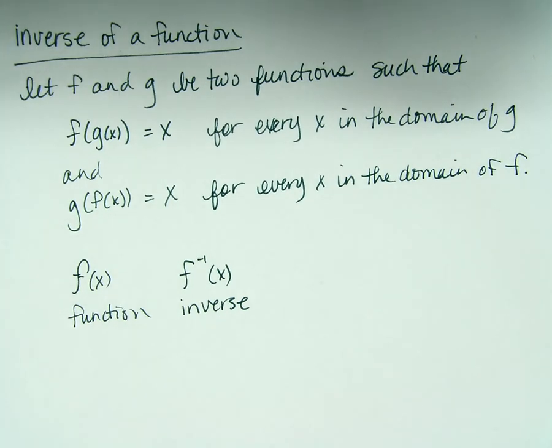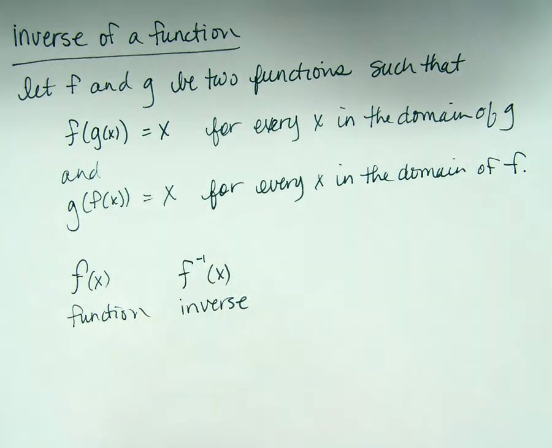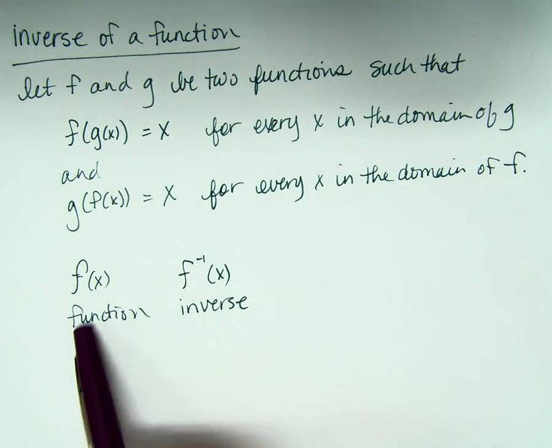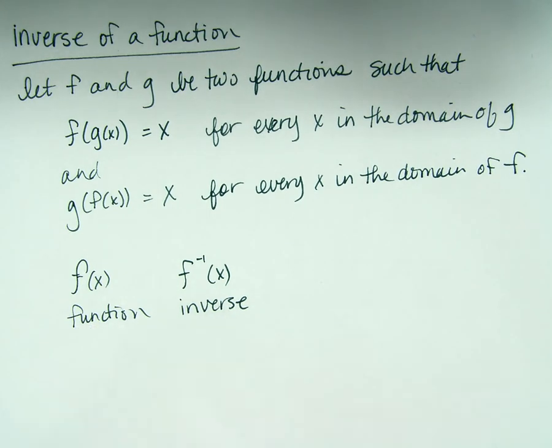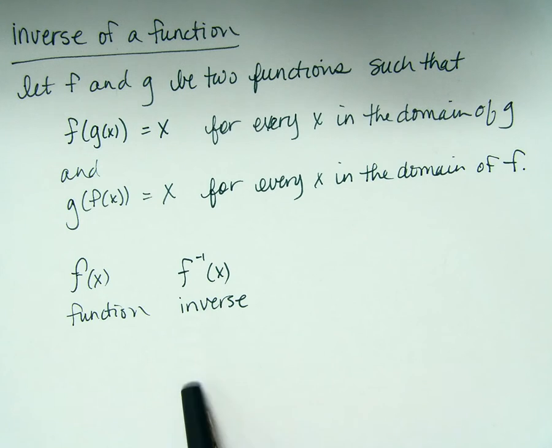We said that we switch x and y and solve for y. That's how we find an inverse. This is verifying an inverse, okay? But to find an inverse, we switch x and y and solve for y. So if you know the domain of the function, then you automatically know the range of its inverse, since x and y are both switching, okay? If you know the range of the function, then you automatically know the domain of its inverse, okay?